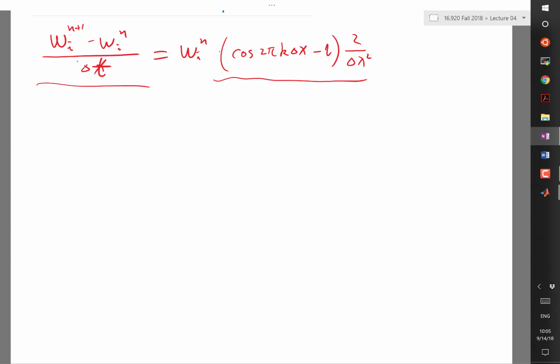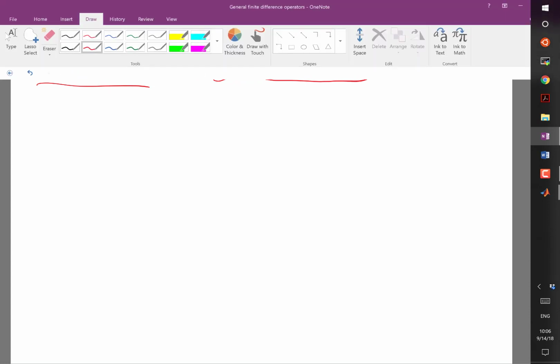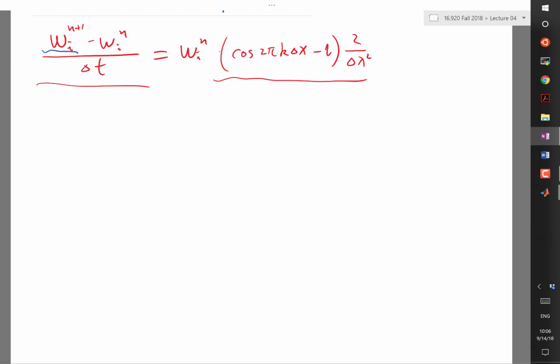The result is that if you put all the known values on one side and the unknown values on the other side, the only unknown is the one at time step n plus 1.